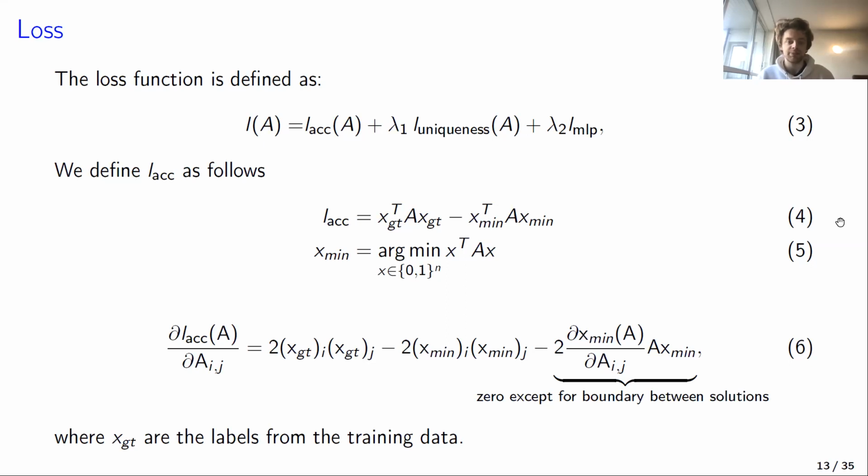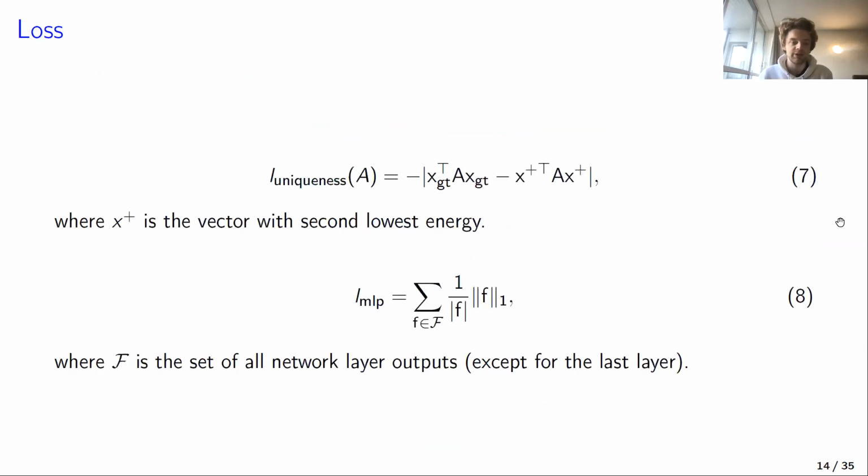However, we just take an approximation of this derivative, and we just ignore the last term, because in most settings this last term is 0, except for the boundary where we change from one solution to the next solution. But as an approximation, we can just ignore this term and set it to 0, and we can see in the following experiments that our learning still works.